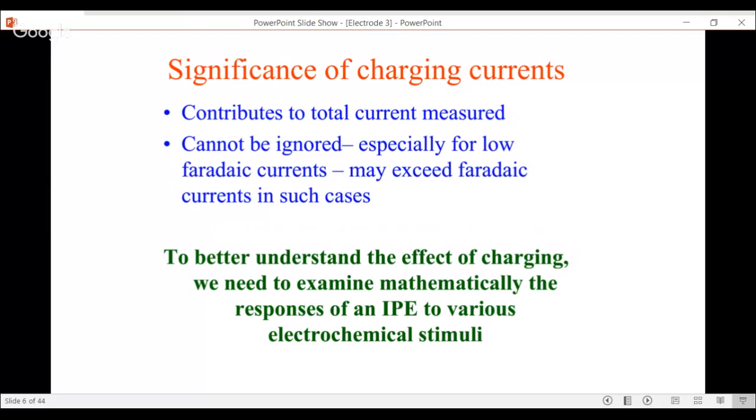The charging current contributes to the total current measured and cannot be ignored, especially for low Faraday currents, where it may exceed the Faraday currents. To better understand the effect of charging, we need to examine mathematically the responses of an ideally polarized electrode to various electrochemical stimuli.